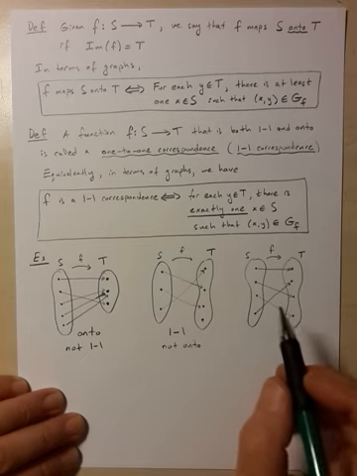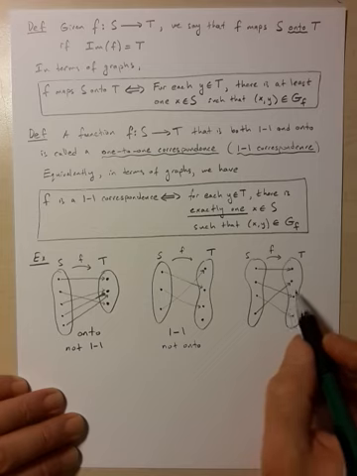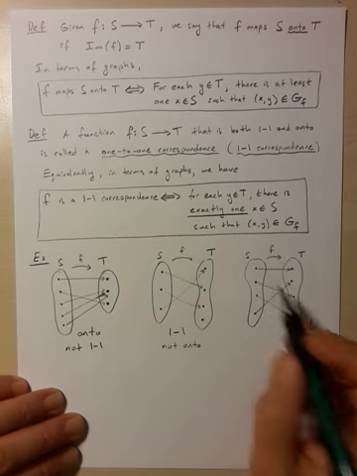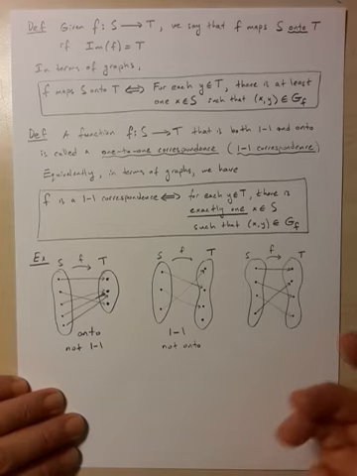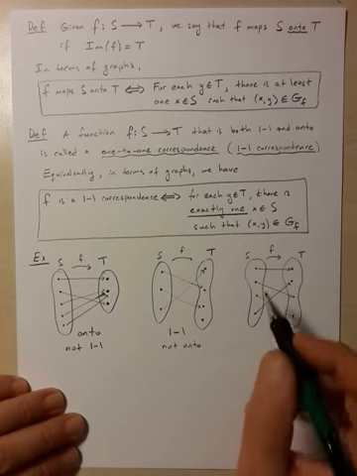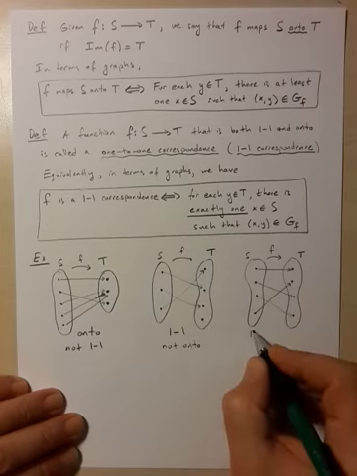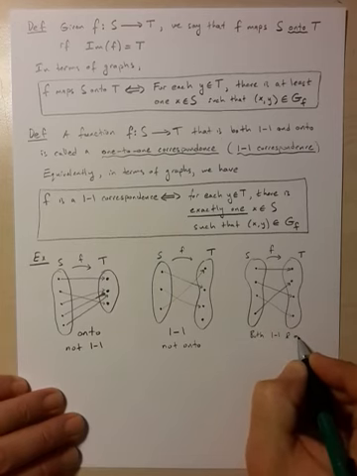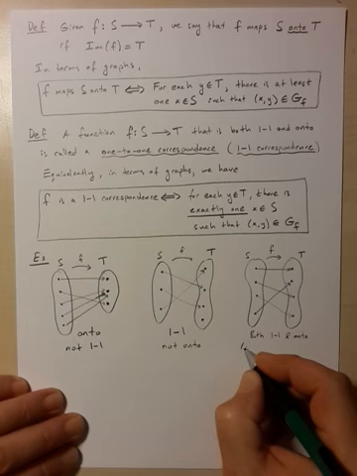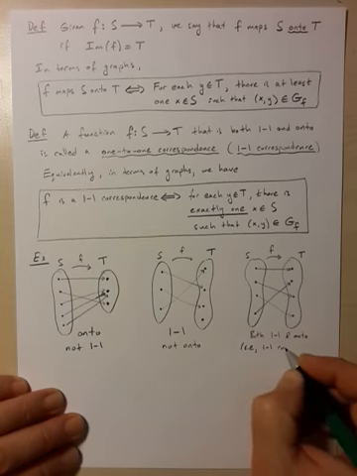And no two elements of S are mapped to the same element of T. So therefore, this is one-to-one, right? So it is both one-to-one and onto. In other words, this is a one-to-one correspondence.